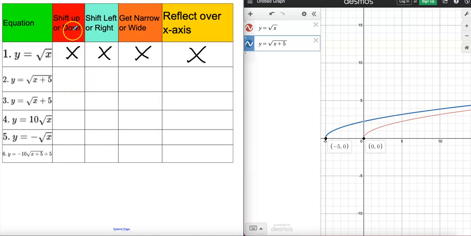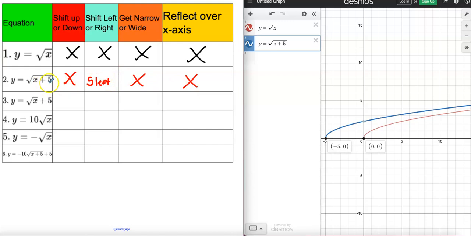Did it shift up or down? No, it didn't shift up or down. Did it shift left or right? Yes. And in this case, it shifted 5 to the left. We're going to write L-E-F-T in there. I see that it didn't get narrow, and it didn't reflect. It just shifted over.